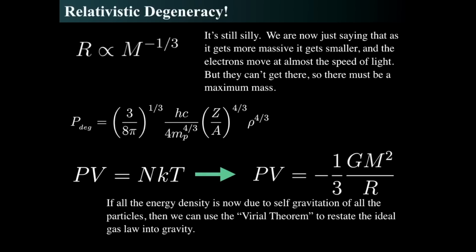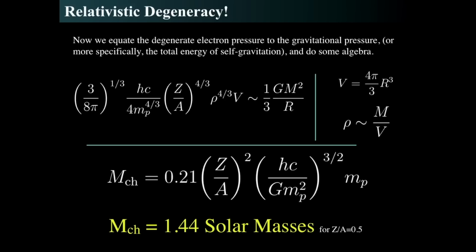The mass of the star squared divided by the radius of the star comes from the self-gravitational energy of the entire star on top of itself. So we can think of the pressure times the volume equals the self-gravitational energy, and we can plug in the degenerate pressure and see what we get.